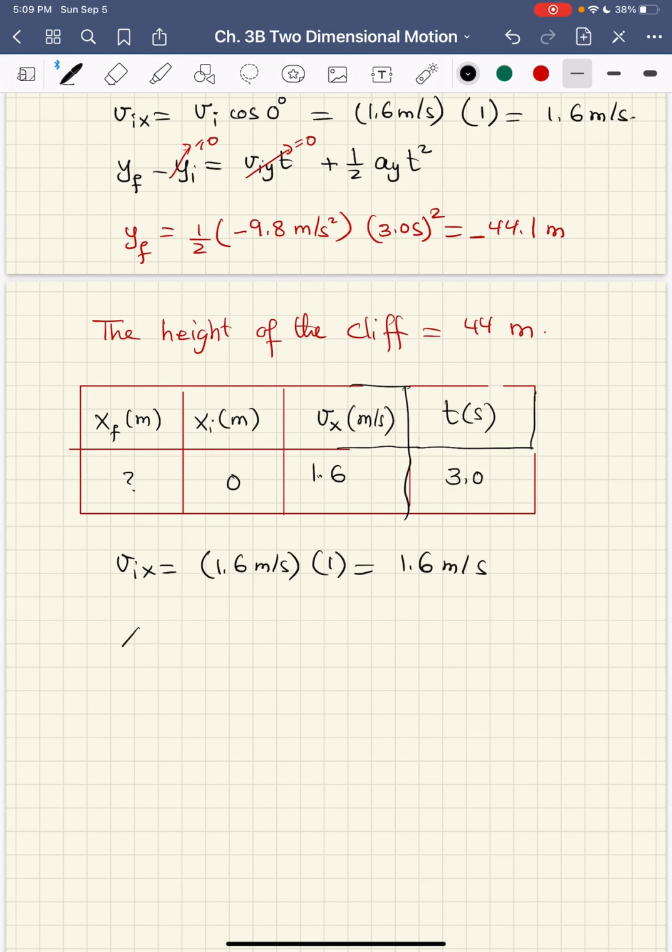Then here I will say x final equals xi plus Vx times t, and x final is 1.6 meters per second times 3 seconds, and that is going to be 4.8 meters. Then that diver is going to end up with a horizontal displacement of 4.8.